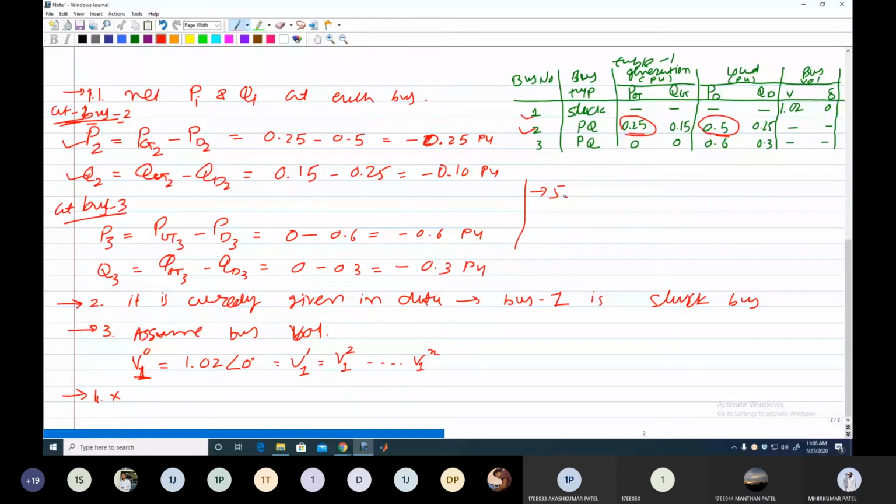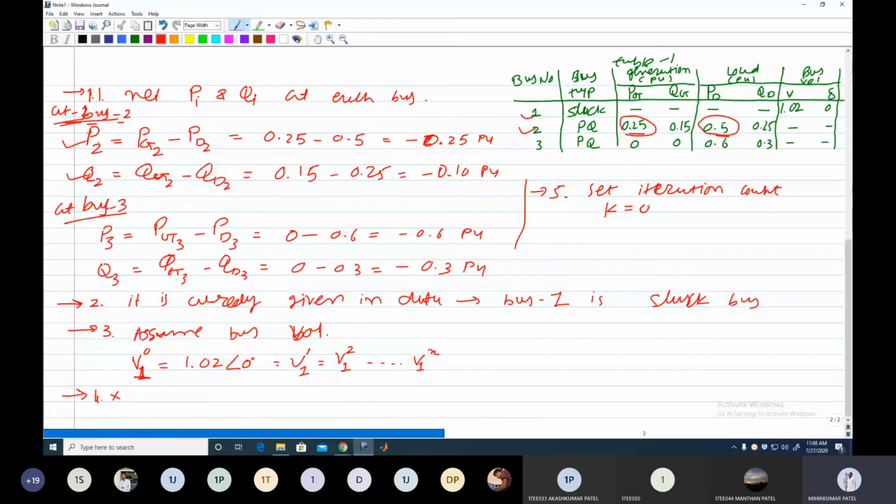Set iteration count. In general, we select the value of k, which shows the iteration count, equal to 0.